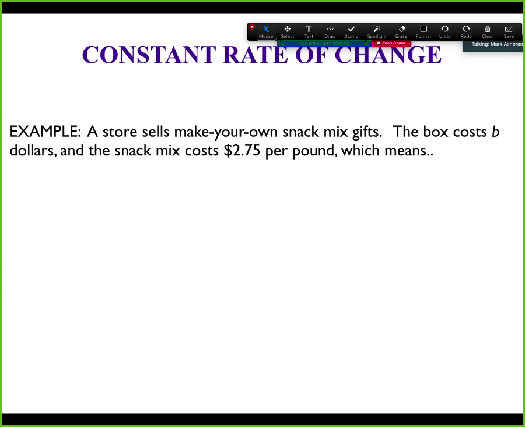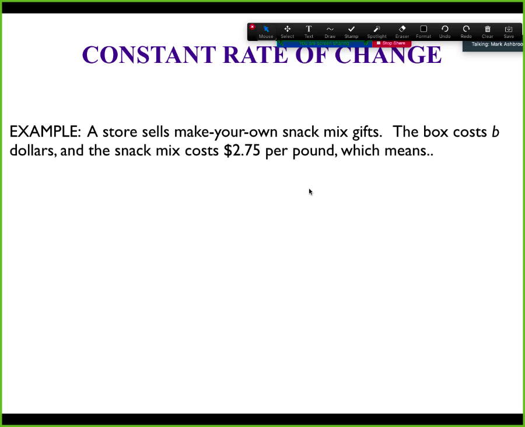Elizabeth, what about you? So for any change in the pounds, it's going to be 2.75 times that change in pounds, but it's plus the box as well, right? I'm just interpreting the constant rate. Oh, okay. Yeah, so just interpreting the constant rate. So the constant rate would be for any change in pounds of the snack mix, it's going to be 2.75 times that change in pounds.